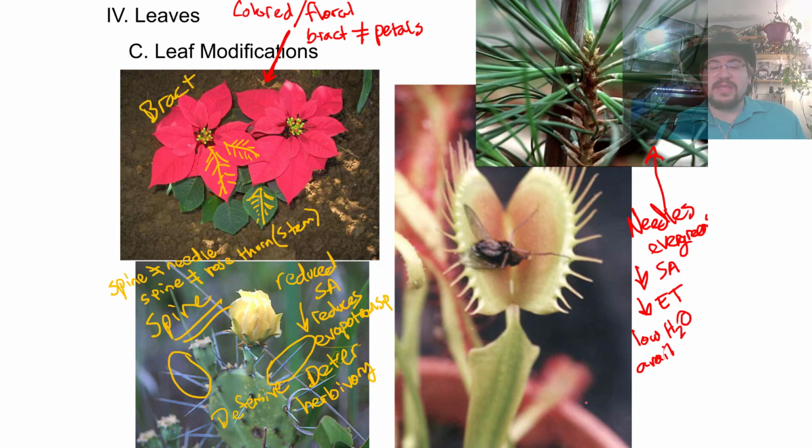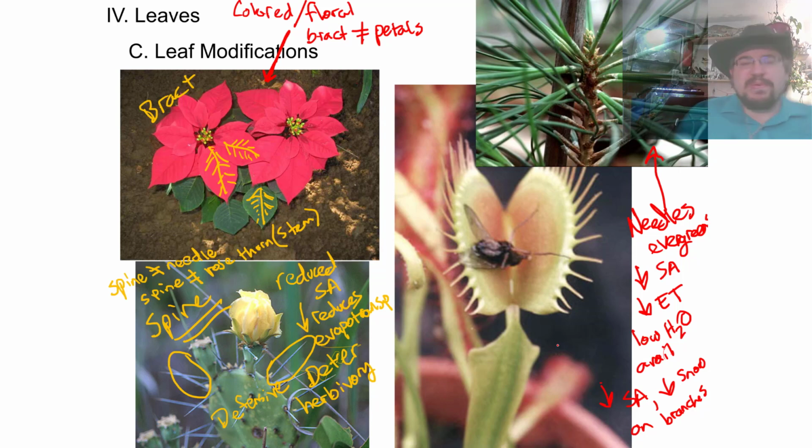Another advantage of these is that if you have reduced surface area, you have reduced snow accumulation on the branches. In other words, it's a little easier to resist branches breaking from a late spring snow. When it snows in the late spring or early summer, those wet snows can weigh the trees down, and if it's got a bunch of leaves on it, it can actually snap the branches off.